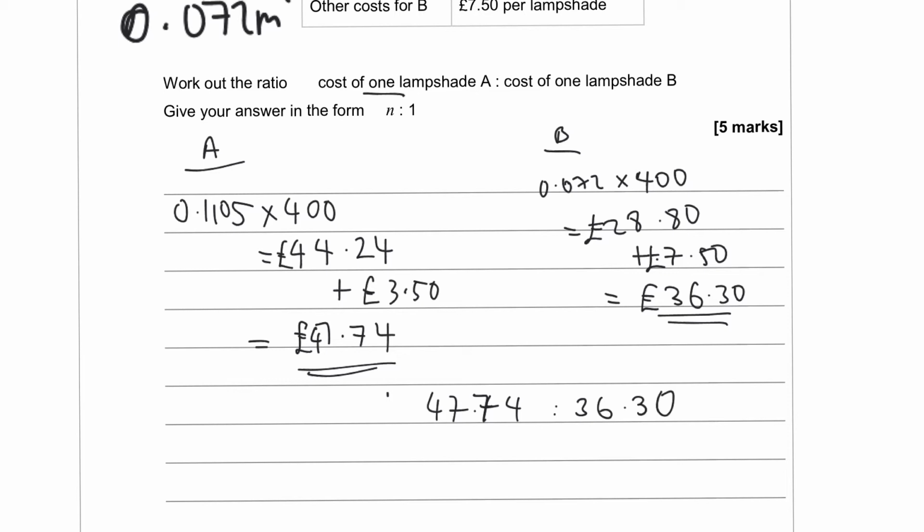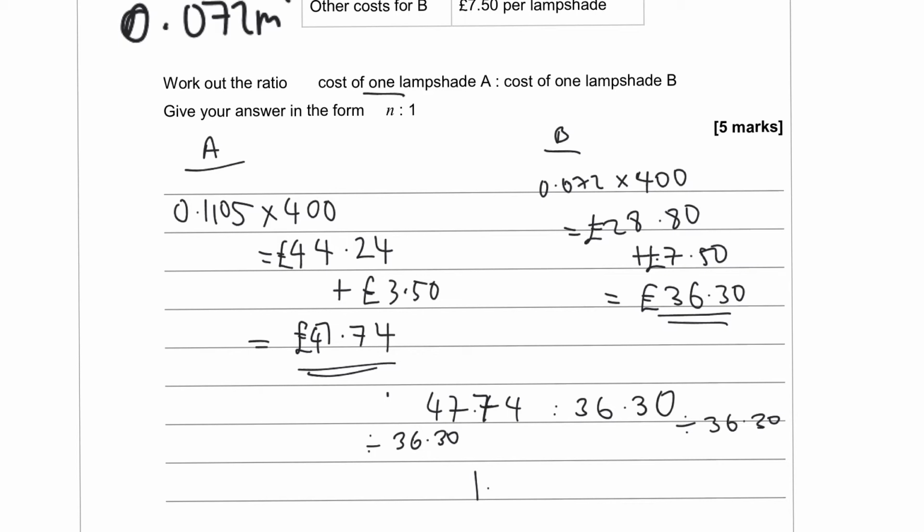So now, as a ratio, one of them would be equal to 1. So we can just divide by 36.30, as that's the smallest number. And if you put 47.74 divided by 36.30 into your calculator, you should get an answer of roughly 1 point. So let me do it now quickly.